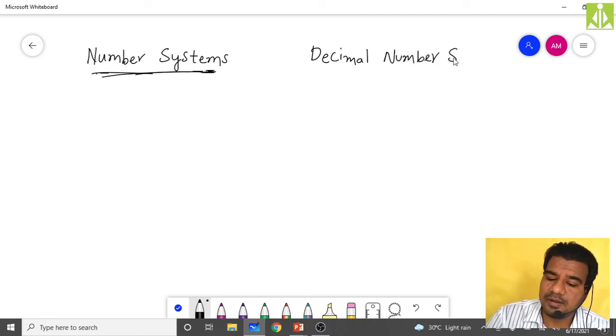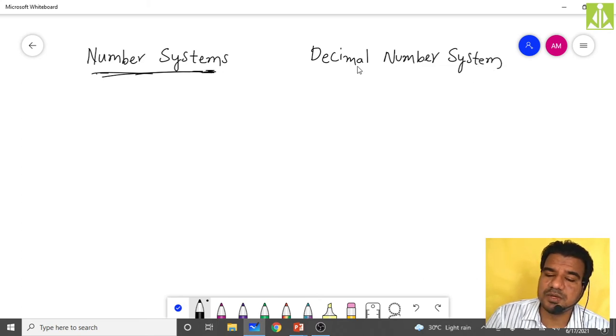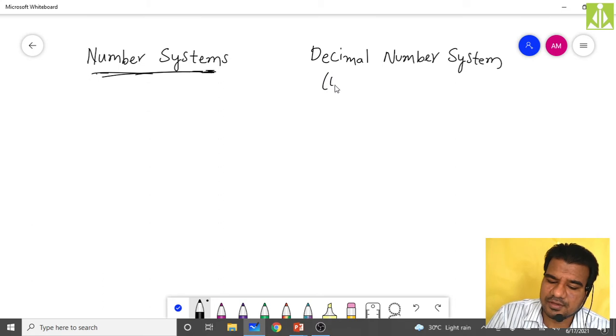Because we have 10 digits to count the numbers, isn't it? 0 to 9, how many digits do we have? 10 digits, 0 to 9, total 10 digits. That's the reason we call our number system a decimal number system.